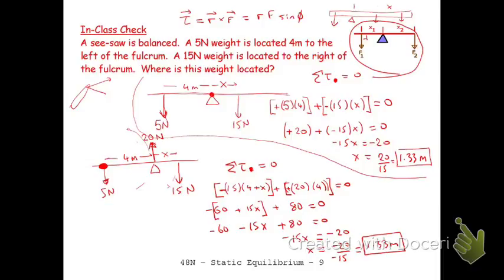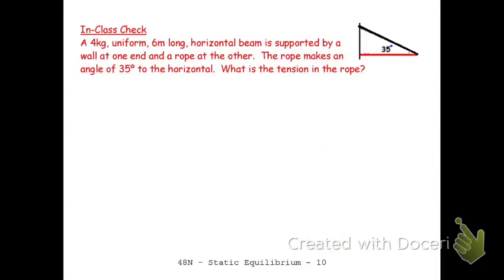Okay, cool. Let's go to something a little bit more complicated, merely because of the diagram. This is an example where we have a piece of string that's holding up a beam. So this is a wooden beam. The red bit is a wooden beam.